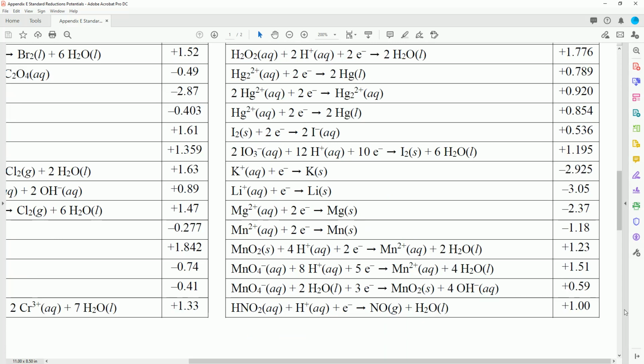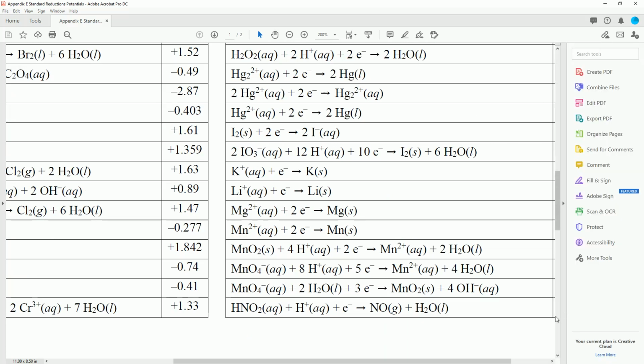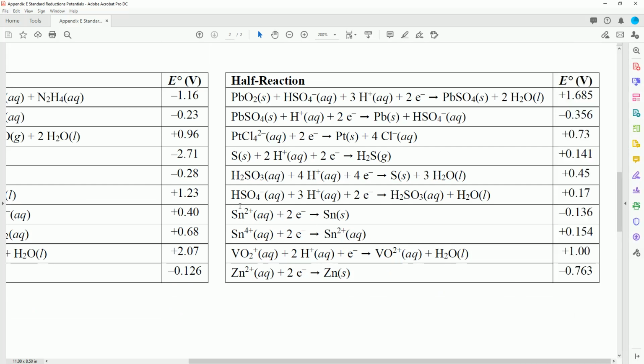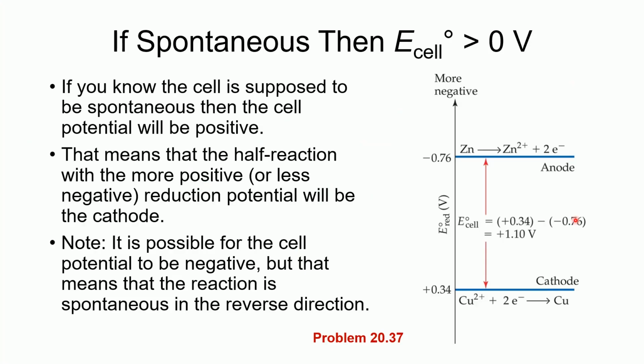And then for tin, I'm not sure where Sn is. It's got to be down here. There it is. Sn2+ plus 2 electrons gives us Sn, and that's negative 0.136 volts. All right, so now that we've written those down, we can tell which one of these needs to be the cathode, and therefore also which one needs to be the anode.